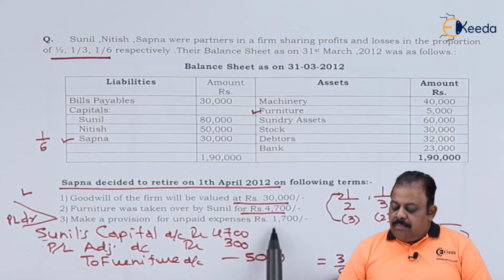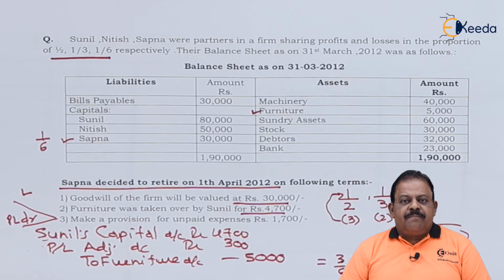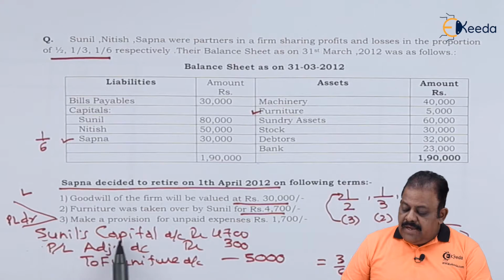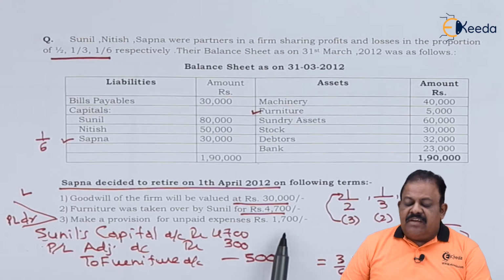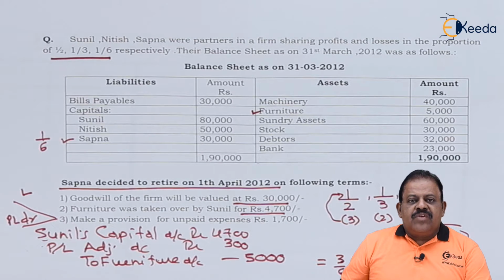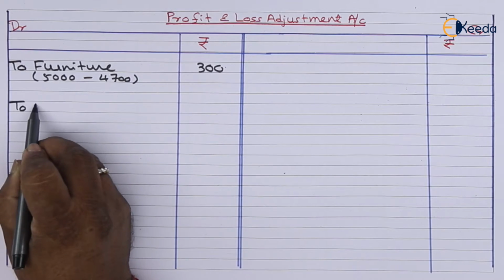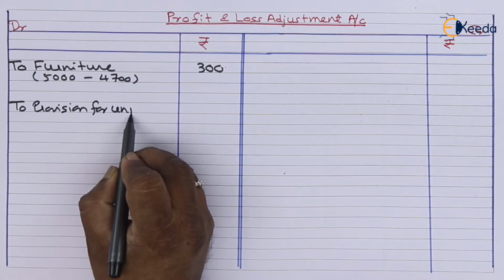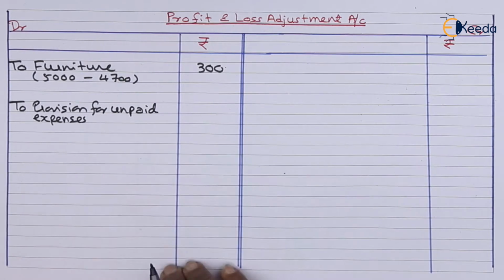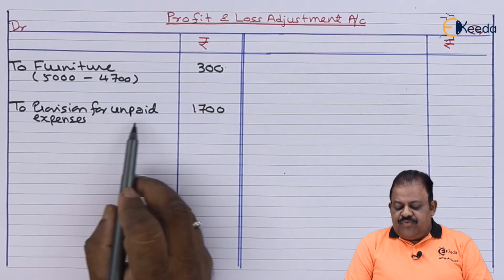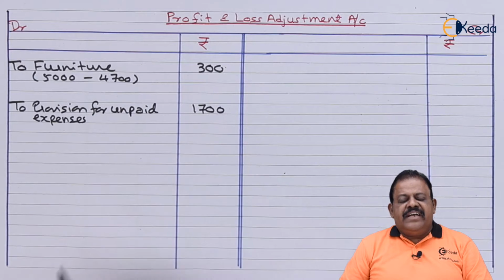Make provision for unpaid expenses 1,700. This will have one effect, profit and loss adjustment account debit, provision for unpaid expenses 1,700.